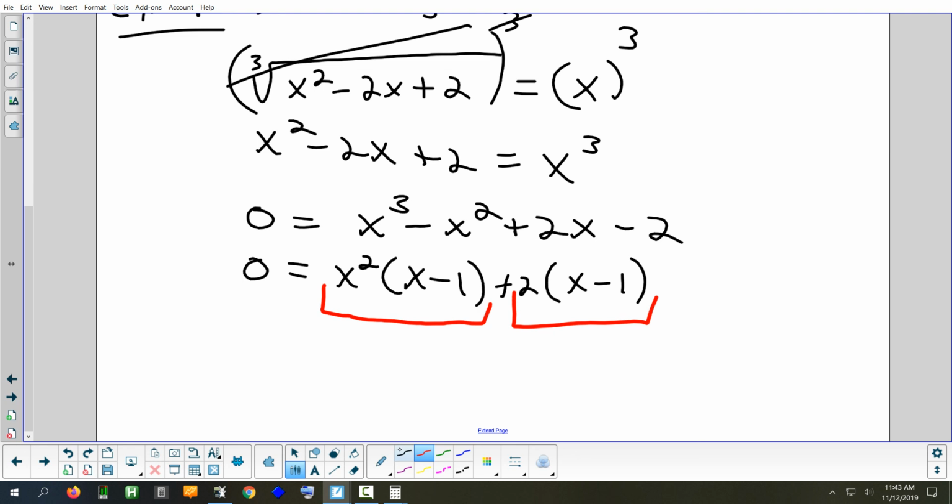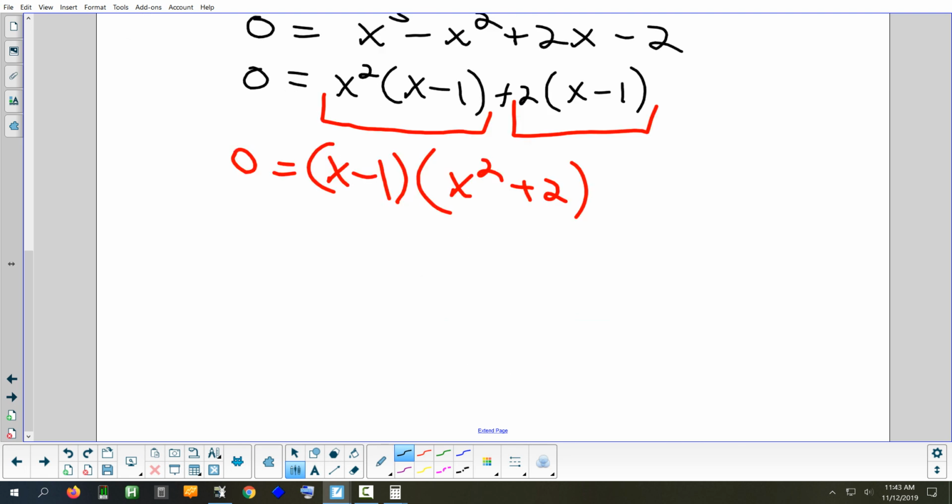They both have x minus 1. This is how factor by grouping works. Now, factor that out of both. If I factor it out of the first one, all I'm left with is an x squared. If I factor it out of the second one, all I'm left with is a plus 2.